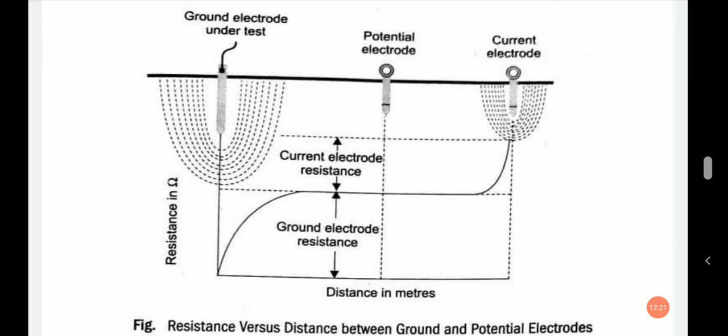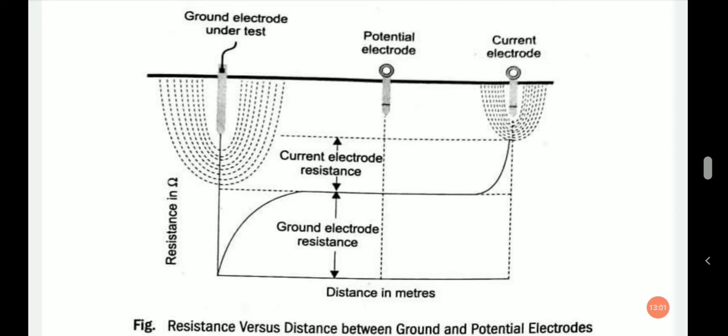So from the figure it is seen that at the initial point the ground resistance increases abruptly and attains a constant value when the distance between the ground and potential electrode is increased.